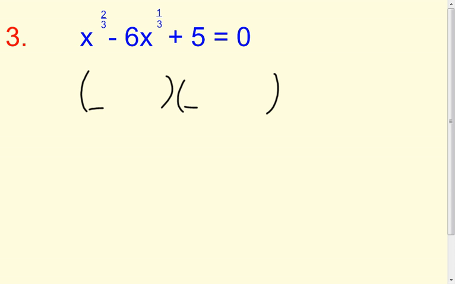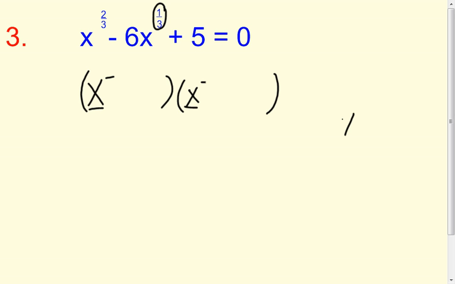Okay, now I'm going to give you this little hint. Your middle term gives you a big clue about what exponent your two fronts should have, okay? Because I need to multiply two things together, an x to the something power up here and an x to the something power up here. And when I multiply those two things, I have to be able to get x to the 2/3 power.